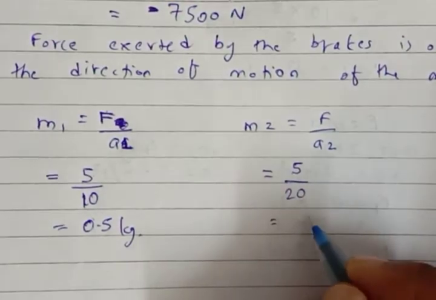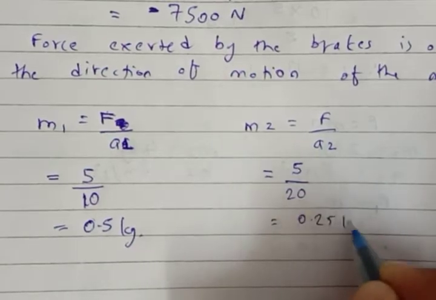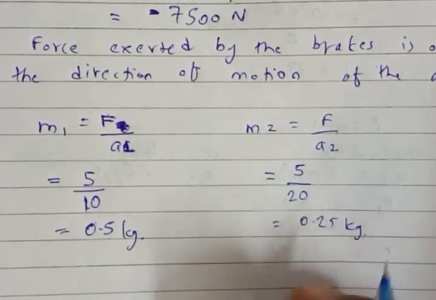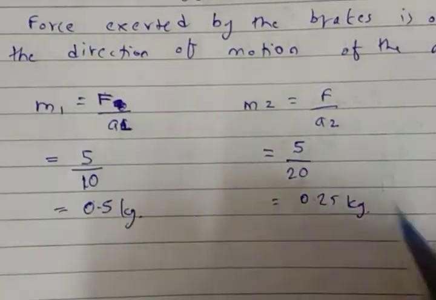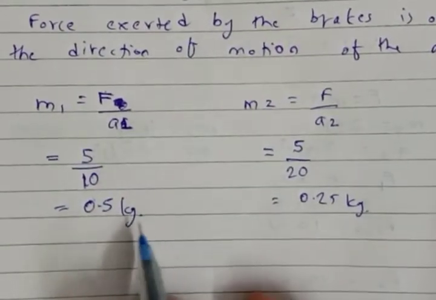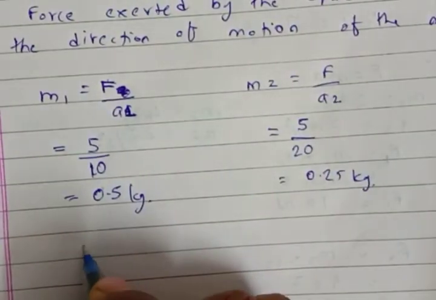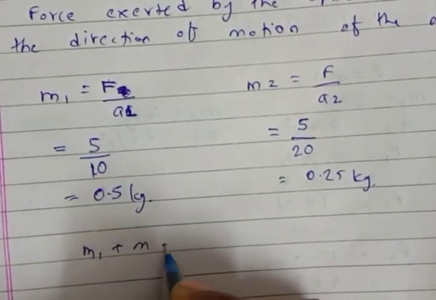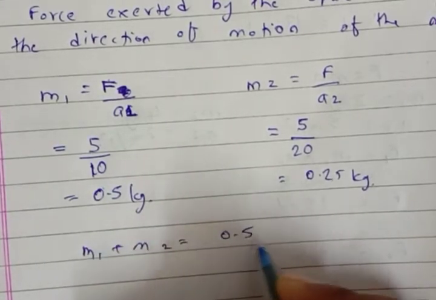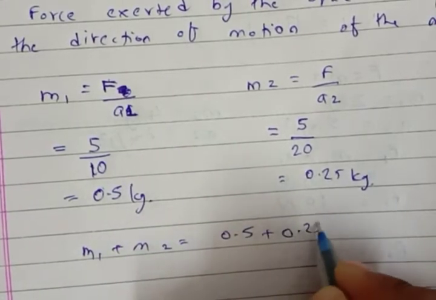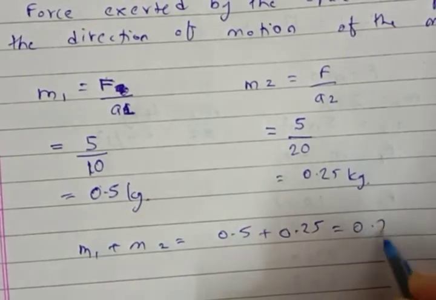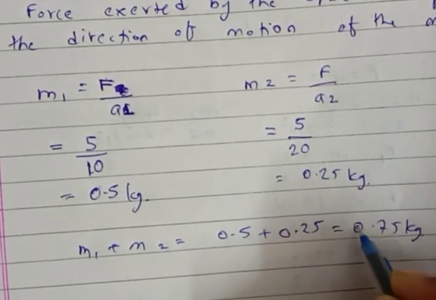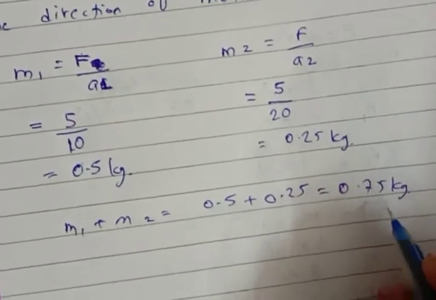So this will be 0.25 kg. Now what is the question given? That we have to find acceleration if both these masses were tied together. Means you have to add them and find acceleration. So m1 plus m2 will be 0.5 plus 0.25, so 0.75 kg is the total mass.